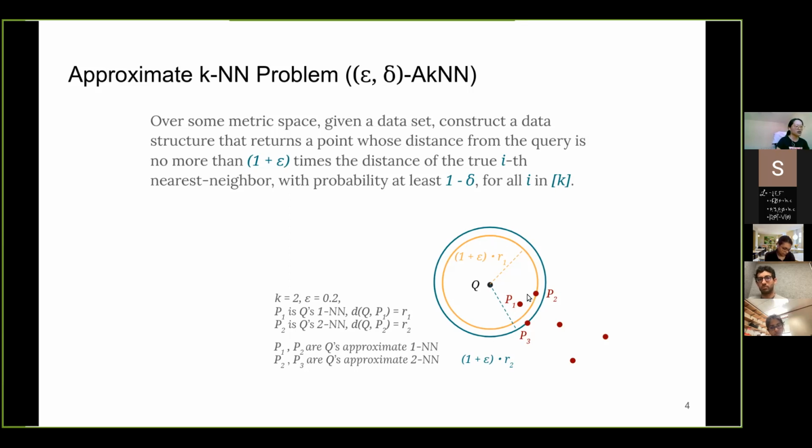And P2 is Q's 2-NN and the distance between P2 and Q is R2. And we say that P1 and P2 are Q's approximate 1-NN because both are located within the (1 plus epsilon) times R1 radius. And then P2 and P3 are Q's approximate 2-NN.